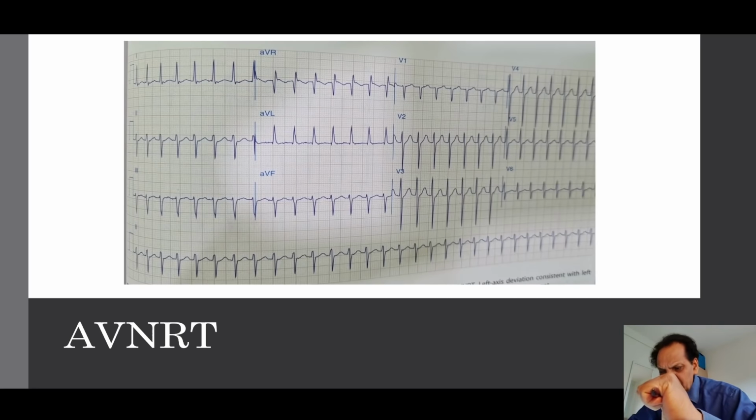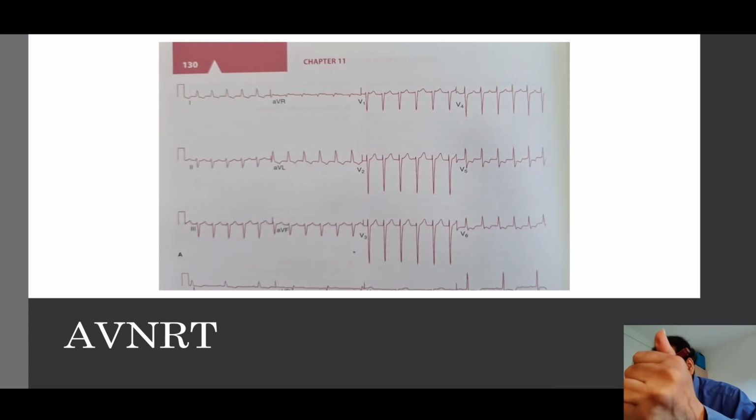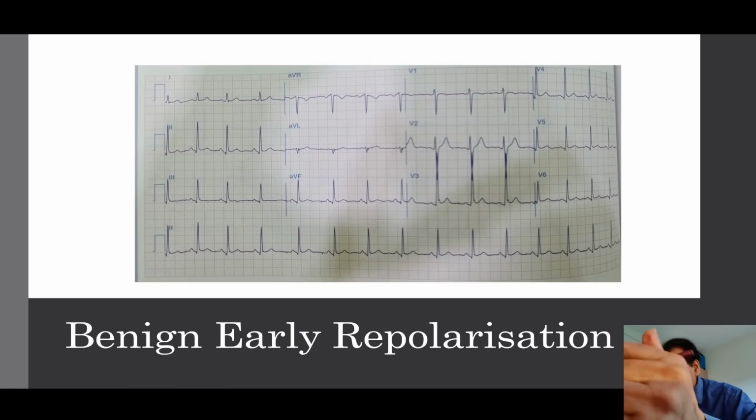Very good picture to show you the AVNRT. Again this is an AVNRT, good picture, pseudo R waves very nicely visible in lead V1. And here there are inverted P waves in second, third, AVF.